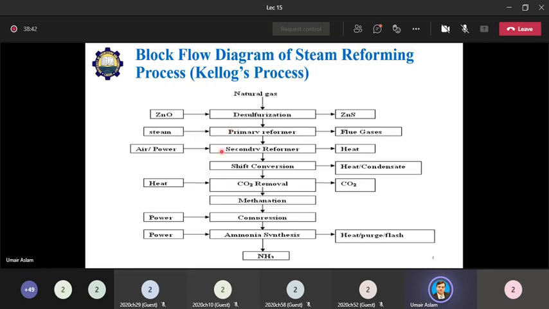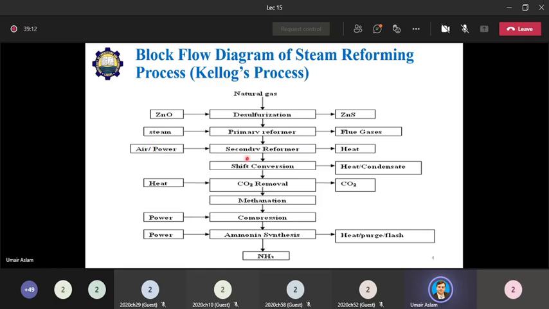It means up to 85% of methane is converted here and the remaining 15% is converted in the secondary reformer. In the secondary reformer, the remaining natural gas is converted into a mixture of carbon monoxide, hydrogen and carbon dioxide with the help of air and power.